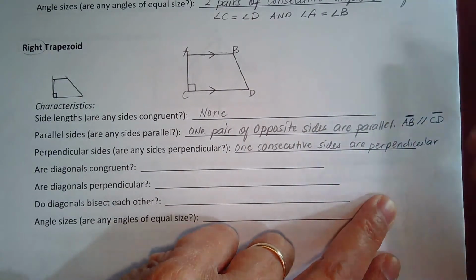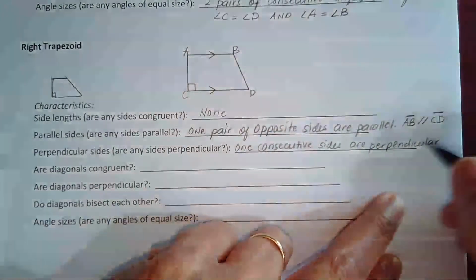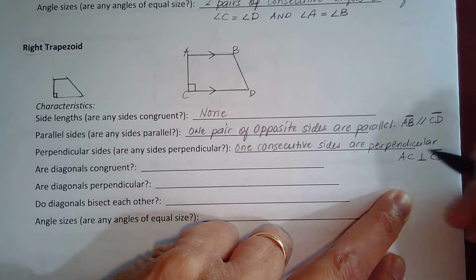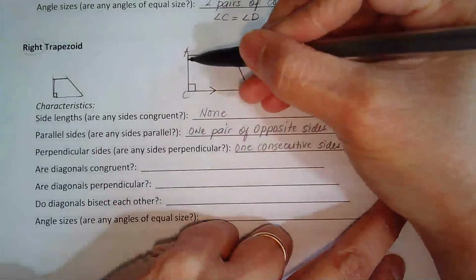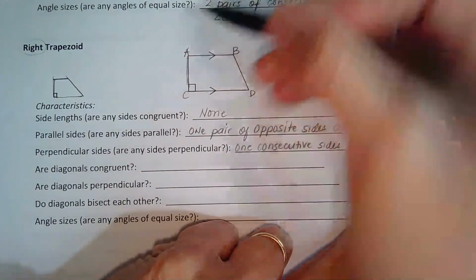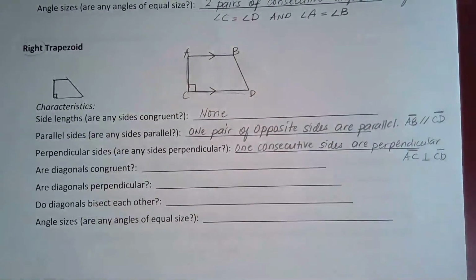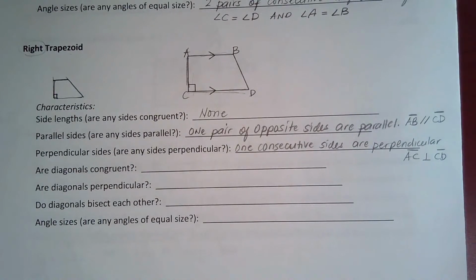Okay, so we can say AC is perpendicular to CD. Okay, so line segment AC is perpendicular to CD, and that's it. The other ones don't look like they're perpendicular. It's either they're too big or too small.